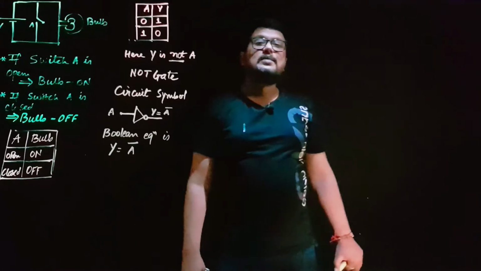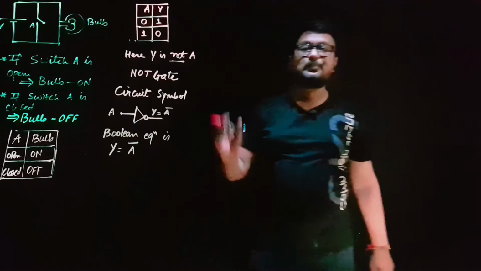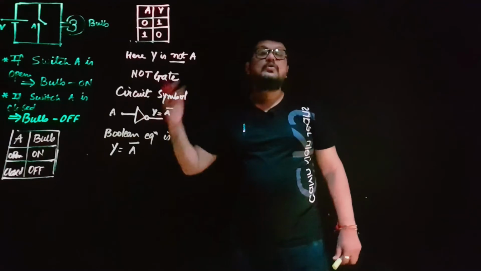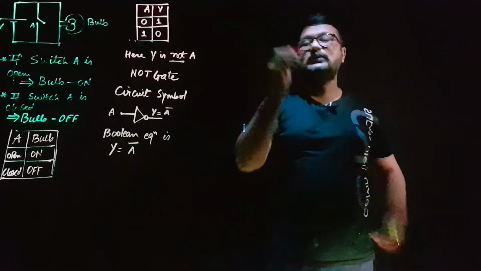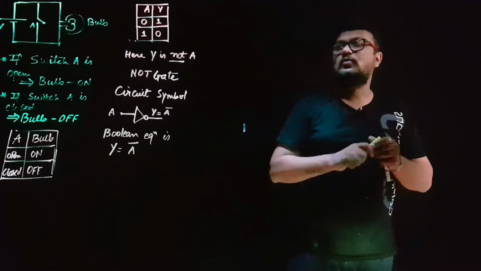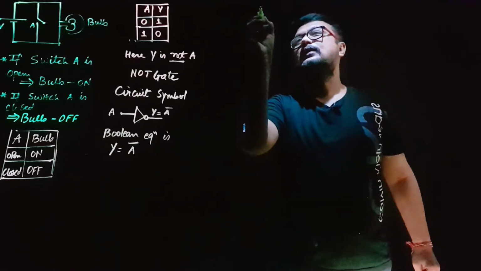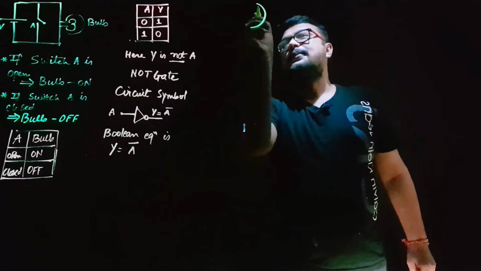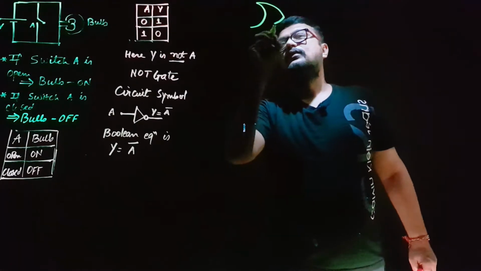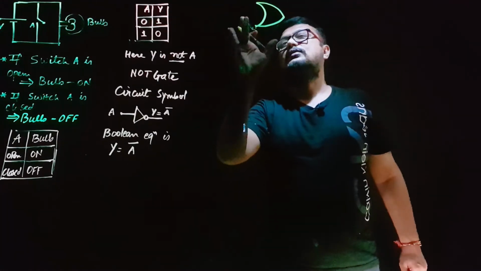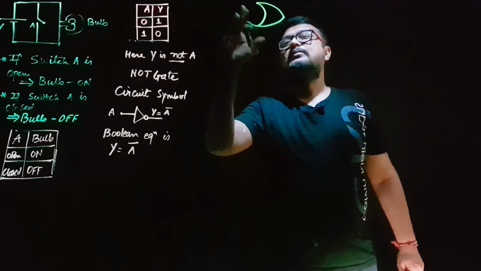Now this NOT gate plays an important role. Suppose we put the NOT gate at the output of an OR gate. For example, let us say we have an OR gate over here. This is the OR gate, right?